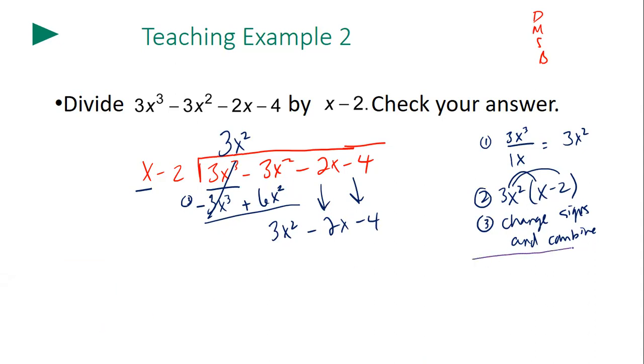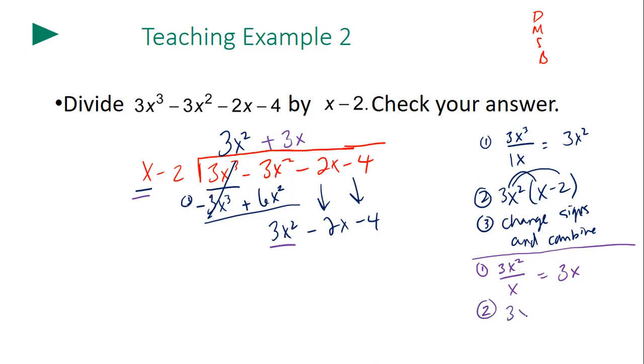So now I'm on to the next one. I'm going to do it again. I ask myself, what is 3x squared divided by x? If I can't ask myself mentally, I'm going to write it out. 3x squared divided by x gives me 3x. So the next piece of my quotient is positive 3x. After I divide, I multiply that piece of my quotient times my divisor.